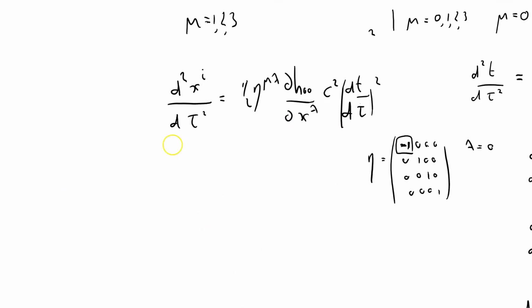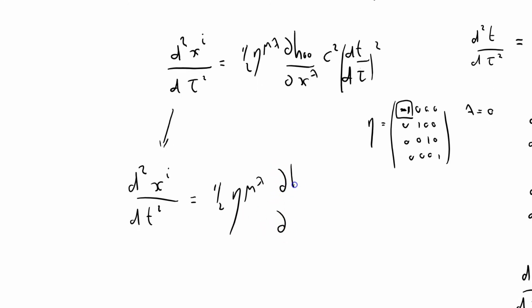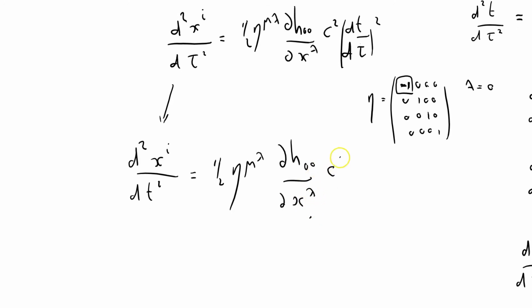Well, the first thing I can do is replace my d by d tau with d by dt, and I can just say d2xi by dt squared equals a half eta mu lambda di h 0, 0 by di x lambda times c squared. I think I've got a minus sign missing here.